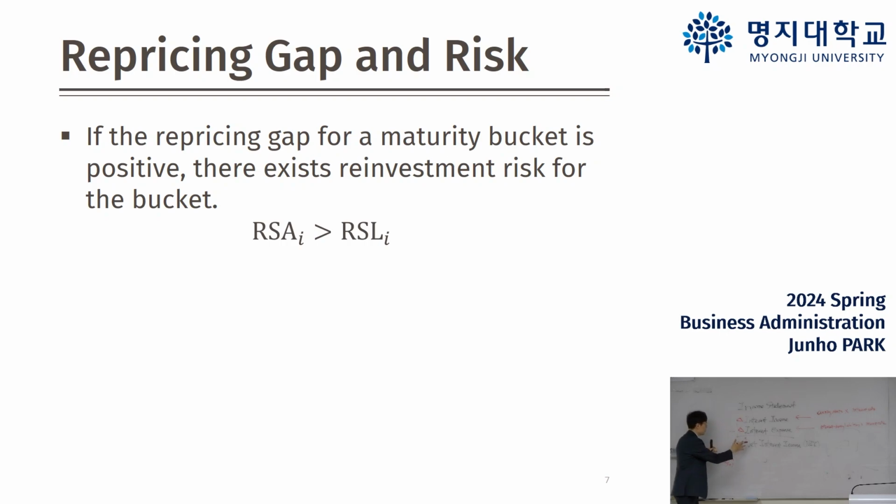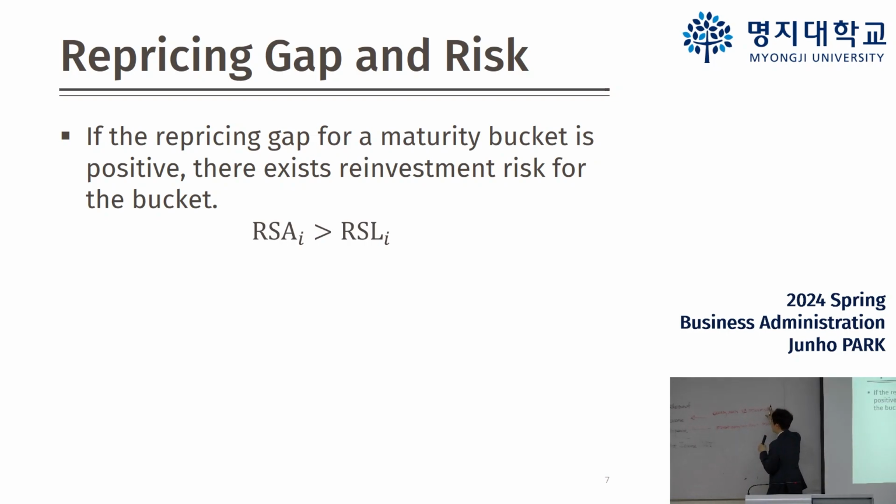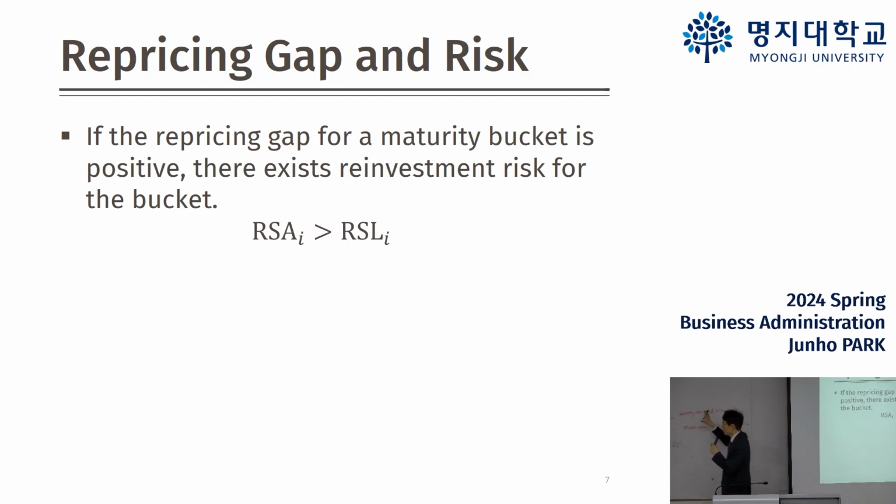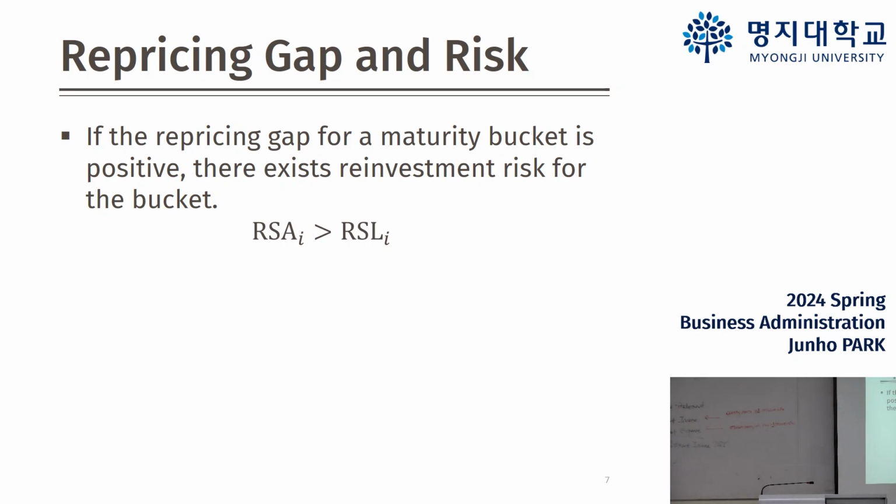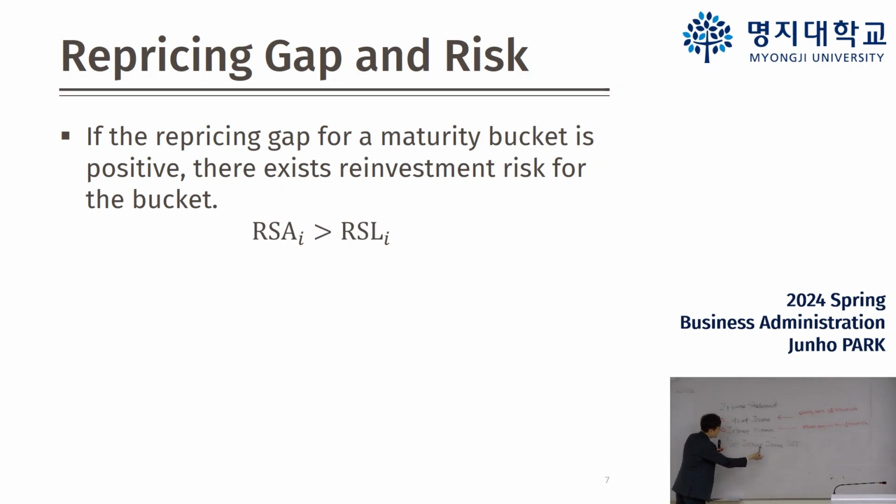And this will come from the change in the interest rate for the earning asset and the change in the interest rate for the interest bearing liabilities. So because of the changing interest rate, we will suffer some change in our net interest income. So this is why we want to calculate the repricing gap.